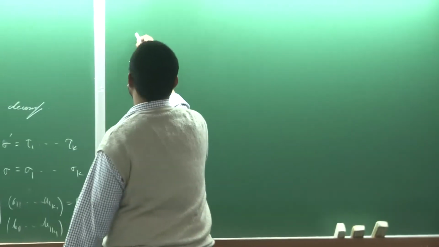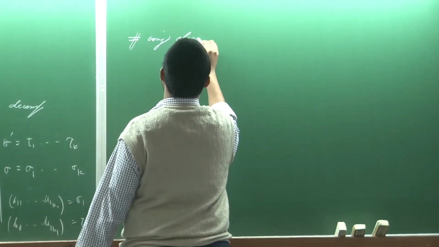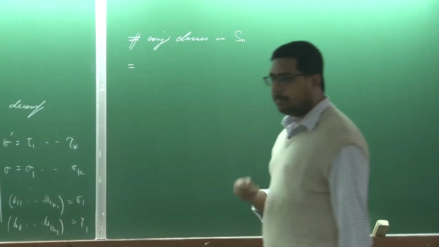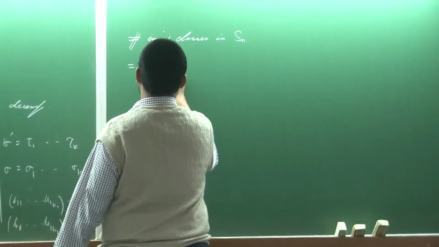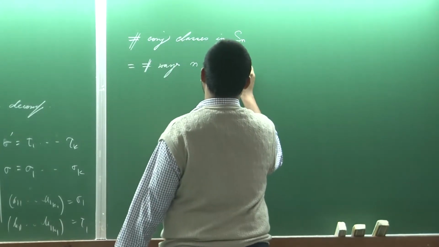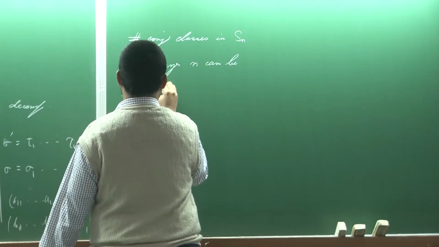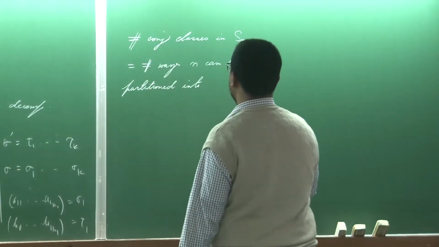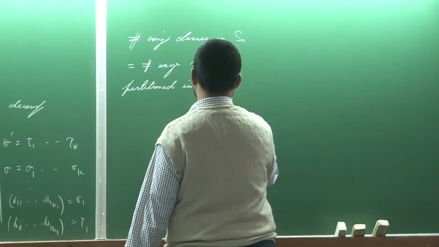Thus the number of conjugacy classes in Sn is the same as the number of ways n can be partitioned into positive integers.